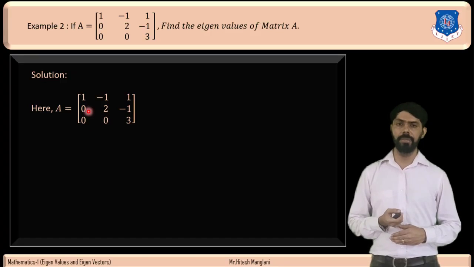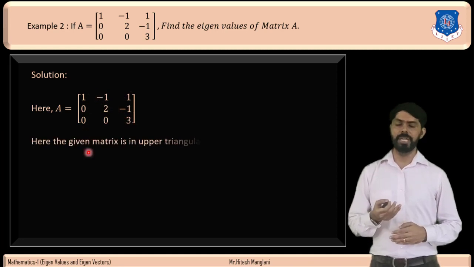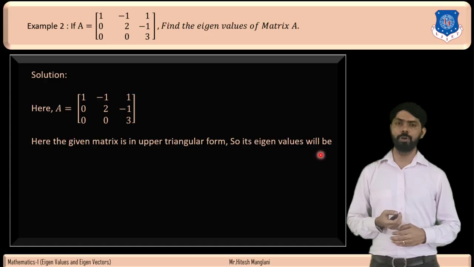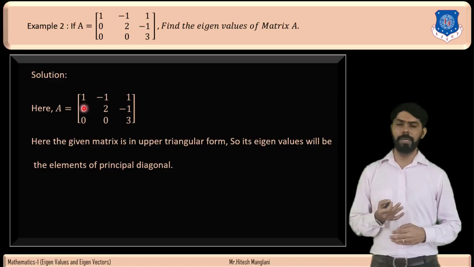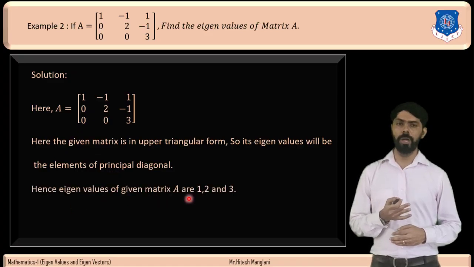Therefore this matrix is in upper triangular form, so its eigenvalues will be the elements of the principal diagonal. Therefore the eigenvalues of the given matrix A are 1, 2 and 3.